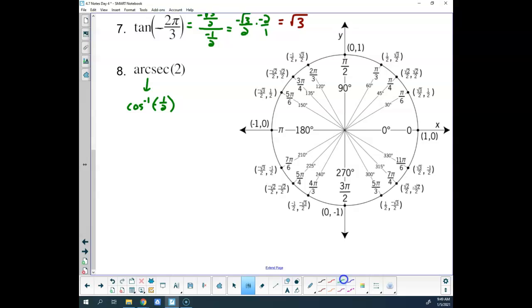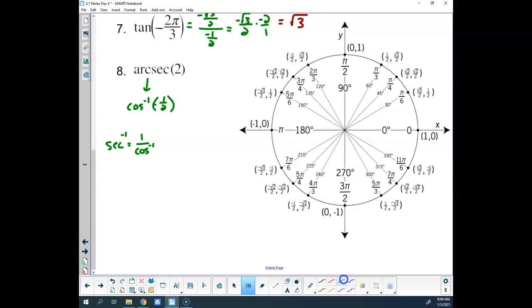Because if you think about it, secant, remember, is 1 over cosine. So if I have arc secant or inverse secant, that's 1 over the inverse cosine.